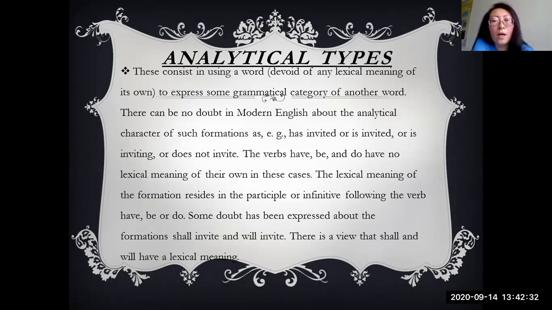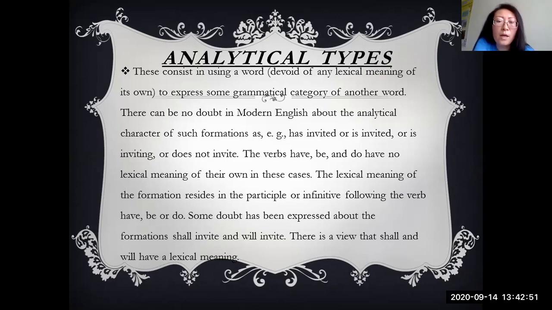The verbs have, be, and do have no lexical meaning of their own in these cases. The lexical meaning of the formation resides in the participle or infinitive following the verb have, be, or do.